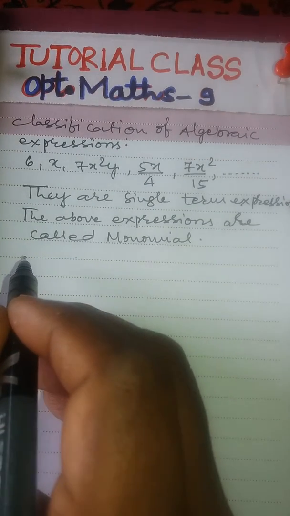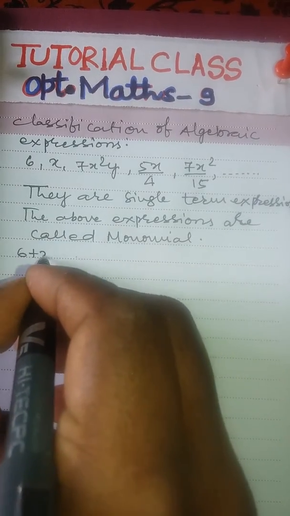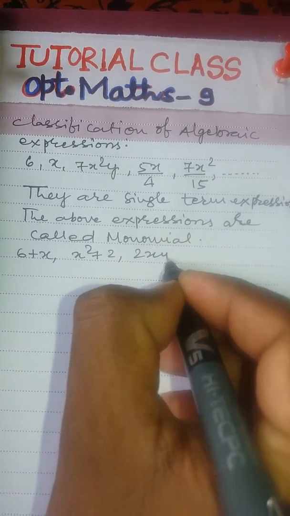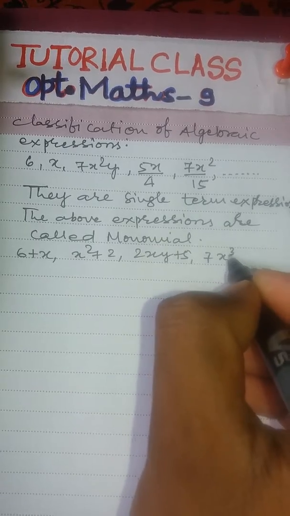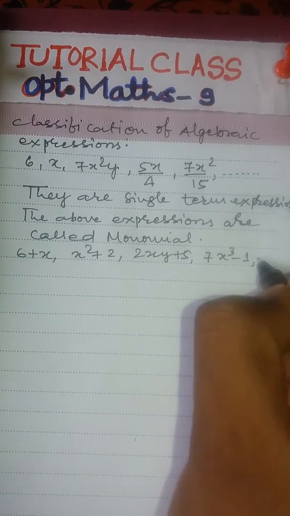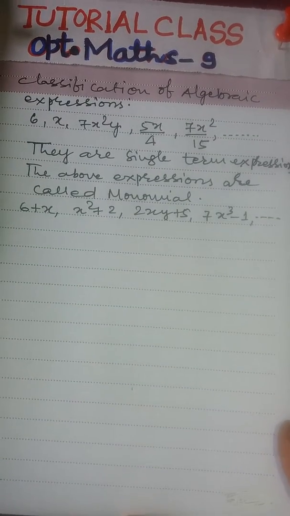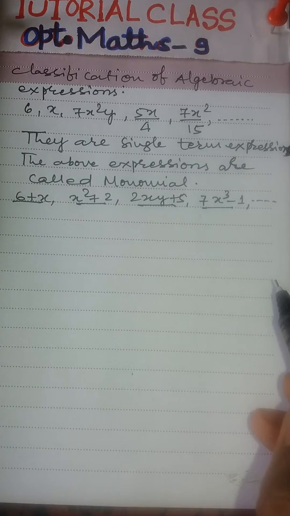Similarly, suppose another type of expressions like 6 plus x, x square plus 2, 2xy plus 5, 7x cube minus 1, and many more. When we look at these expressions, each and every expression has two terms.